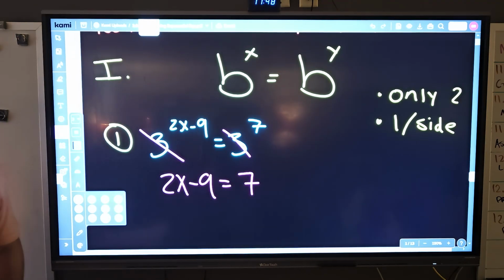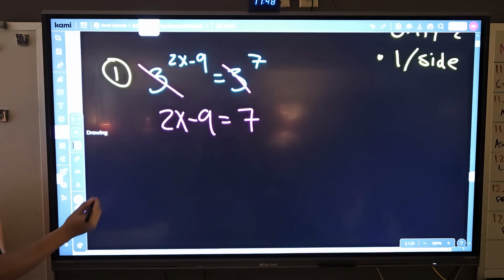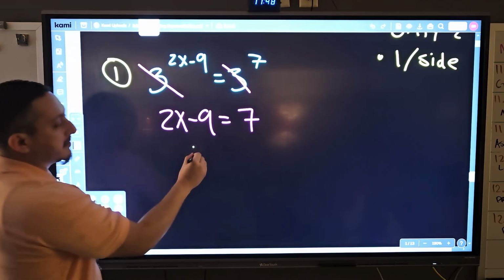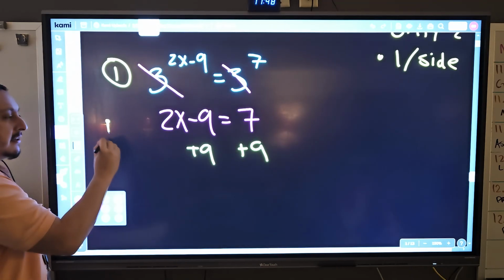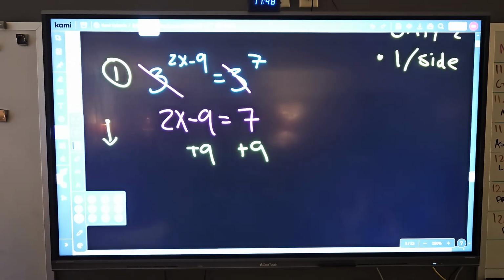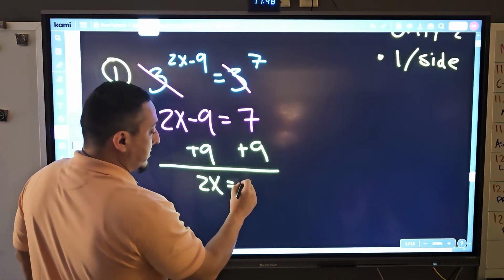It's just a regular two-step equation from Algebra 1. I'll go ahead and solve this one. On the rest of the problems, I'm not going to solve after this part unless you need me to, but it's just Algebra 1 after that. It's just adding the 9 to both sides. What is that? 16.